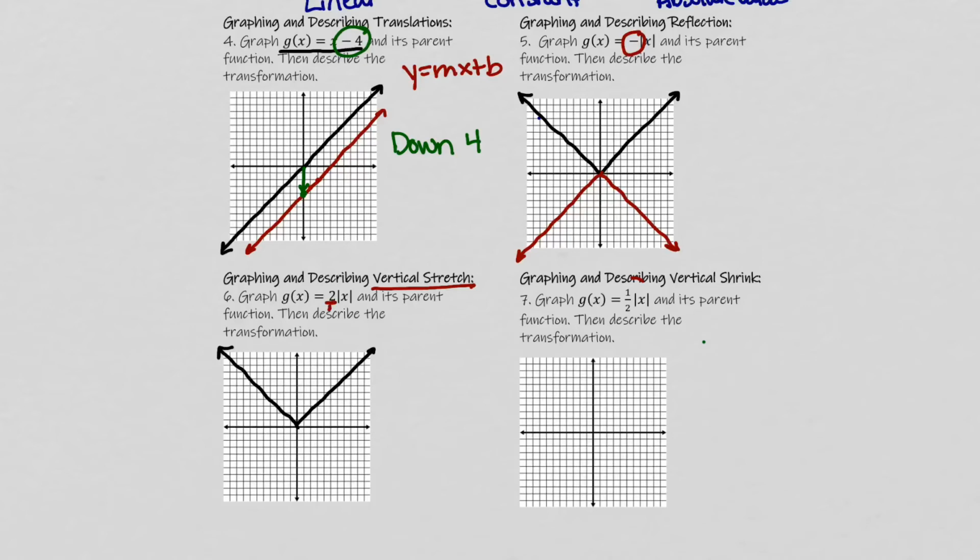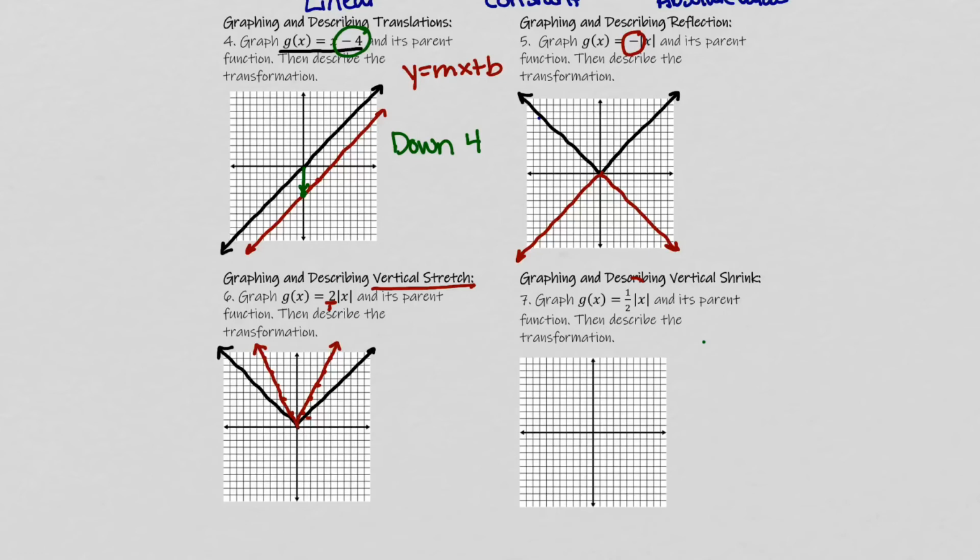So it's going to go up 2, right 1, up 2, right 1, keeps going until it's off my graph. Well, it also goes up 2, left. Okay, so this one, see how it's stretched up to the sky more? Like if you stretch, your arms get closer together as you stretch up. Okay, so this is a vertical stretch. It's going to get skinnier and farther away from the x-axis.